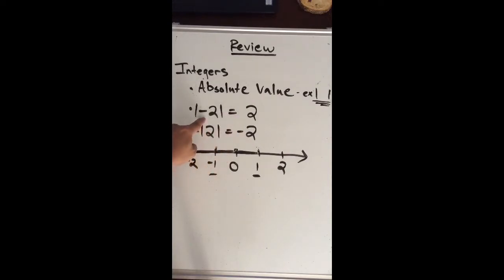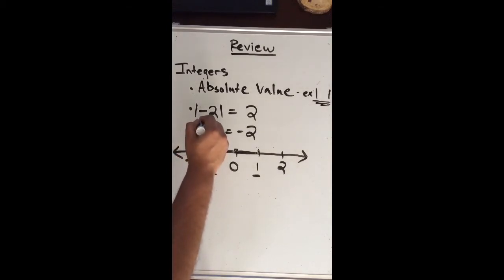Even though this is a negative number, because that negative number is in between these two absolute value bars, that means that this negative number has an absolute value of 2. It is 2 away from 0. Notice in this example, we have a -2, but only the 2 is in the absolute value bars. Let's make sure we're not confusing that.